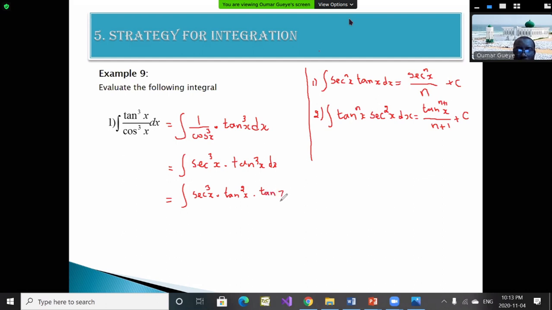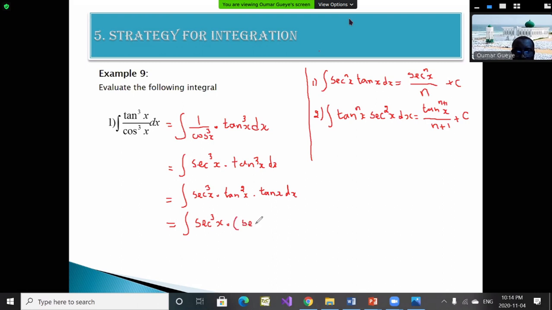And we also know secant square... and this is equal to the integral of secant cube of x, and tan square we know is equal to secant square minus 1.